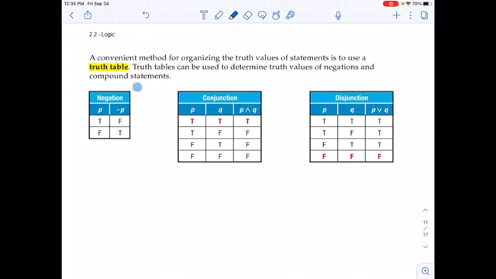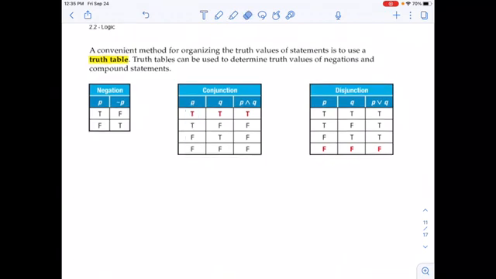You can have a negation here, where you'll notice if you have the P, you have the possibility of true and false. And then the not version is just the opposite of the original. Conjunctions, I always make sure I get all my possibilities here. So if I have a P value of true, I can have a Q value of true, P value of true, Q value of false, and then also P value of false, Q value of true, and P value of false, Q value of false.